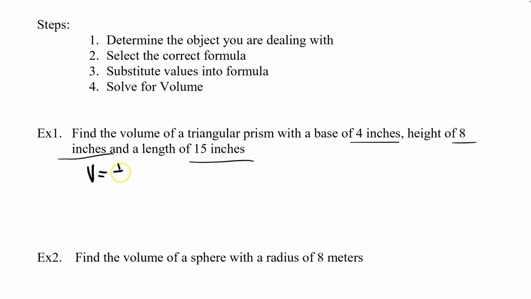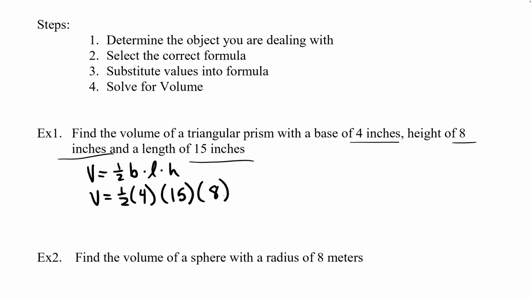So I'm like a good little math student. I'm going to say V equals 1/2 B times L times H. And I'm going to say V equals 1/2, the base is 4, the length is 15, and the height is 8.